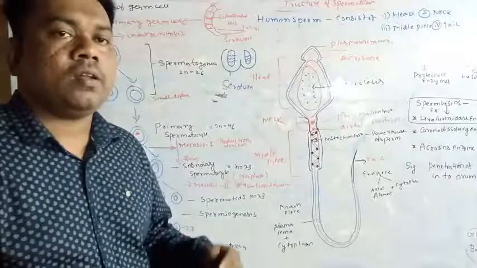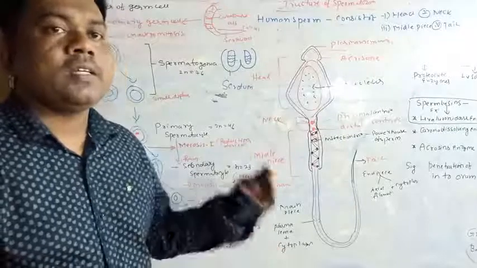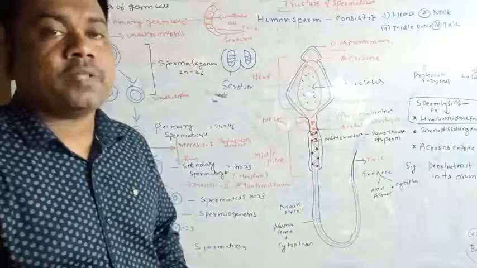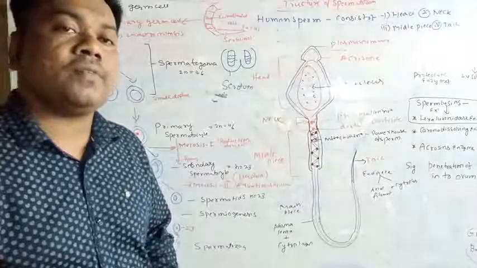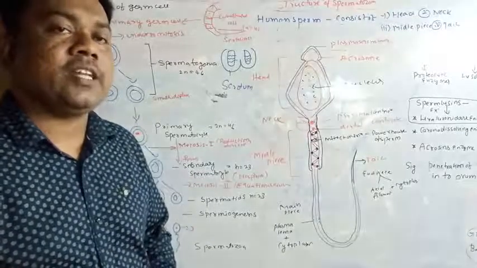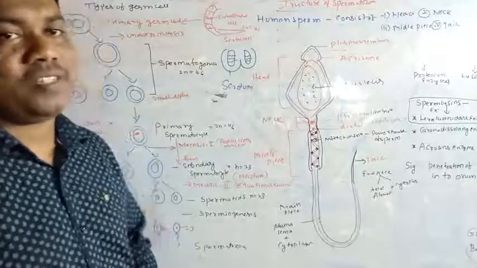The phenomenon of formation of haploid sperms from the diploid spermatogonia in the seminiferous tubules of the testis is known as the spermatogenesis process, right?